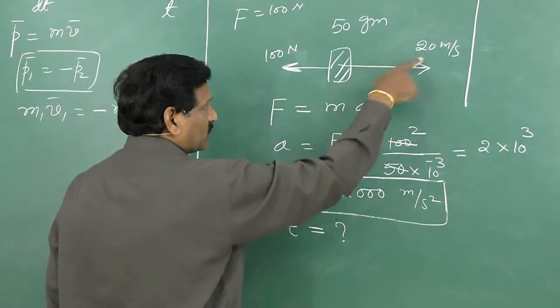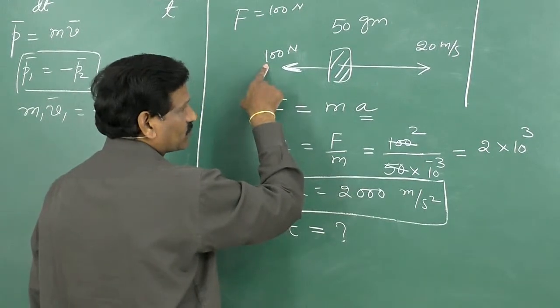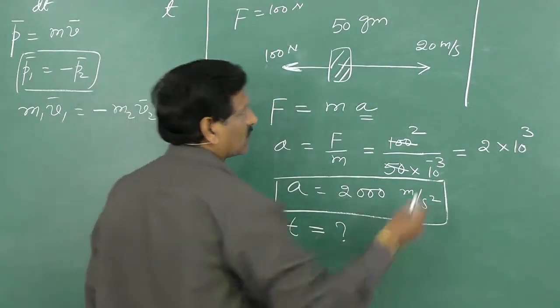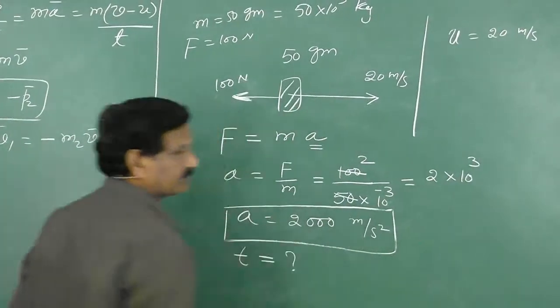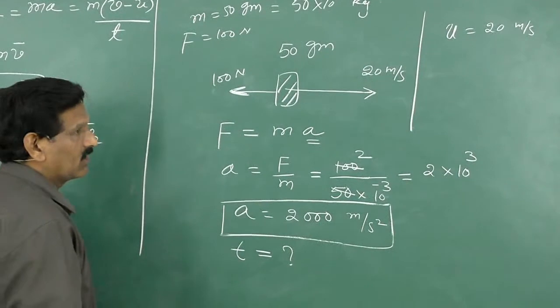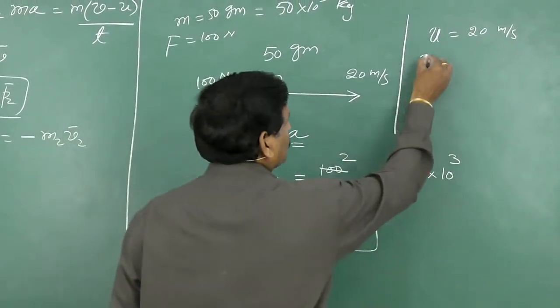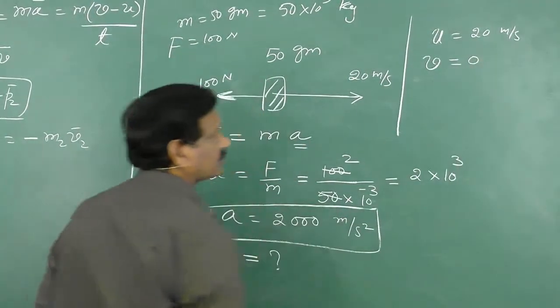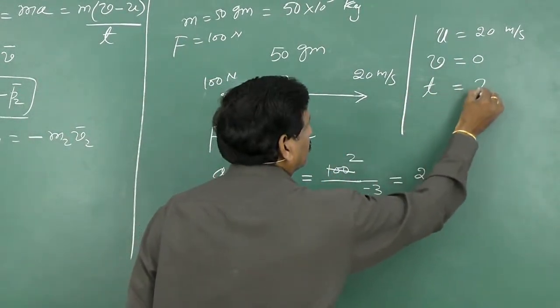On this moving body, we are applying retarding force. So, u is equal to 20 meter per second, the initial velocity of the body. Finally, the body is going to be stopped, that means final velocity is 0. For this, we have to calculate the time taken.